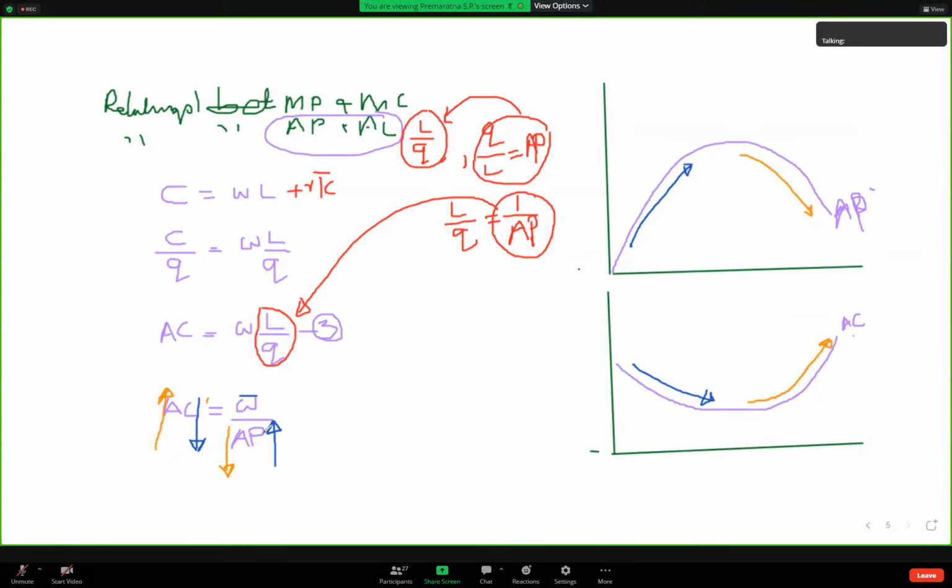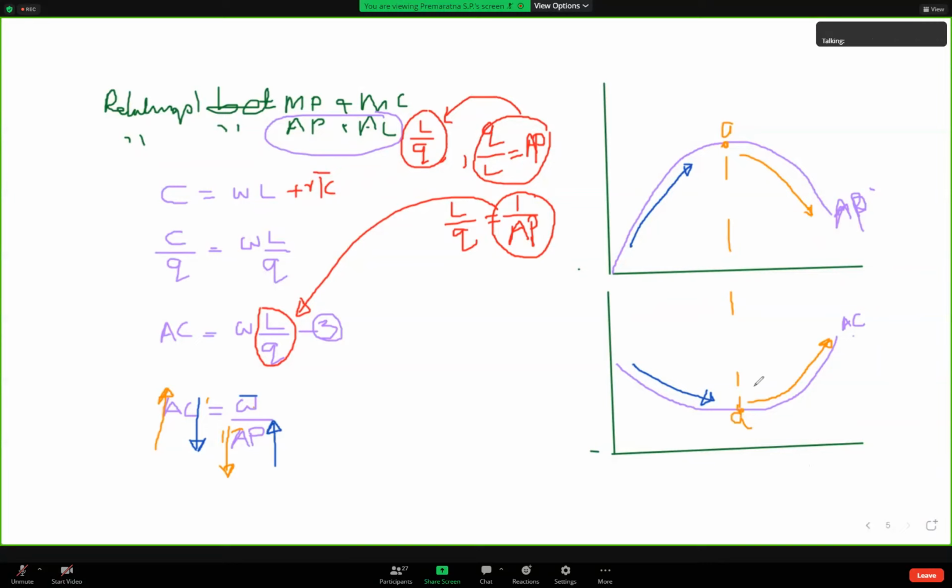The third one, if the average product comes to the maximum point, since the wage is constant, the average cost must be minimum. So we are talking about point A, which directly gives the minimum point on the cost curve.